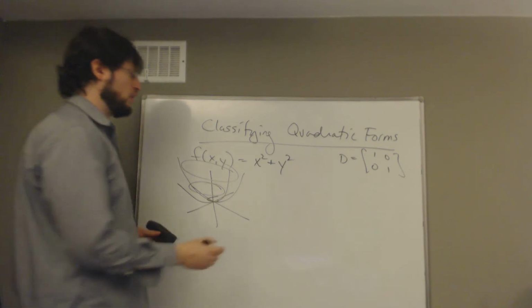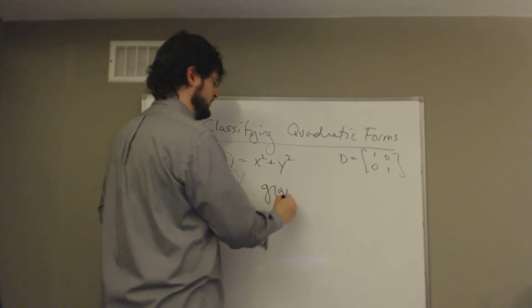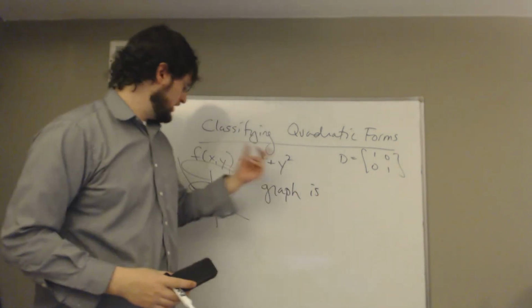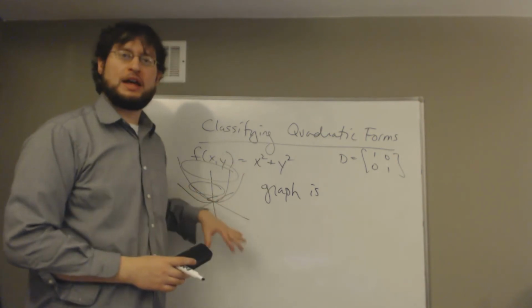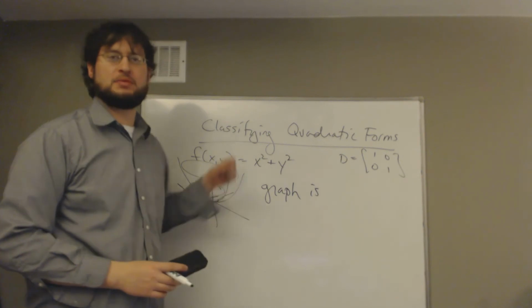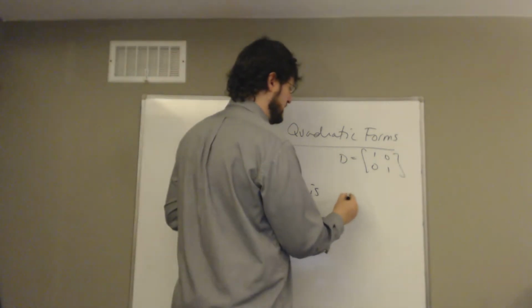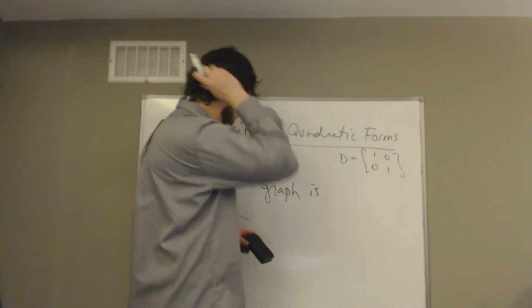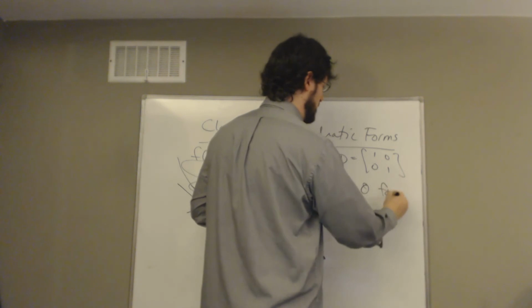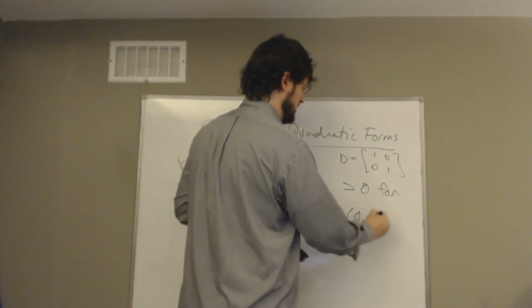So when the graph is always above the xy plane, it might possibly touch 0. So when the graph is always greater than or equal to 0, or in fact, when it's bigger than 0 for (x, y) not equal to (0, 0).